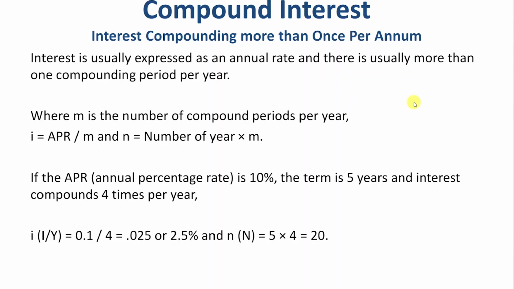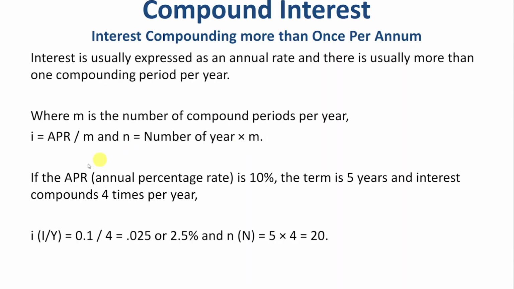Now, when m is the number of compounding periods per year, i will be equal to the annual percentage rate, which is 10% for example in this formula, divided by m, which is how many times you pay during the year. And we define n as the number of years times the number of periods during that year.